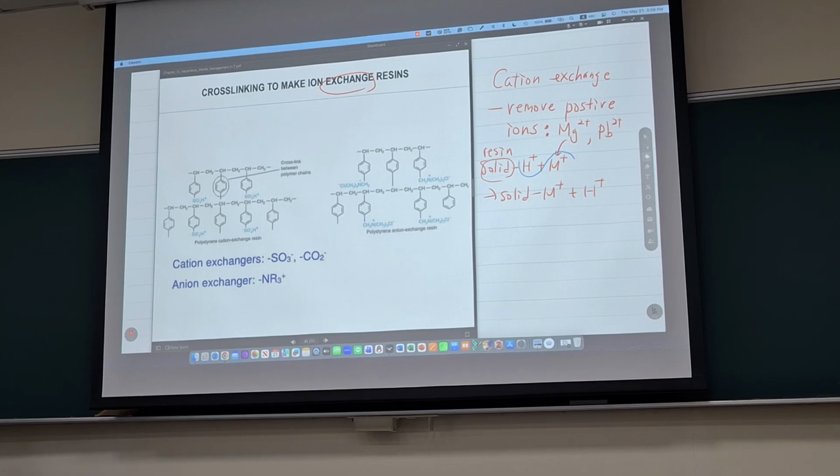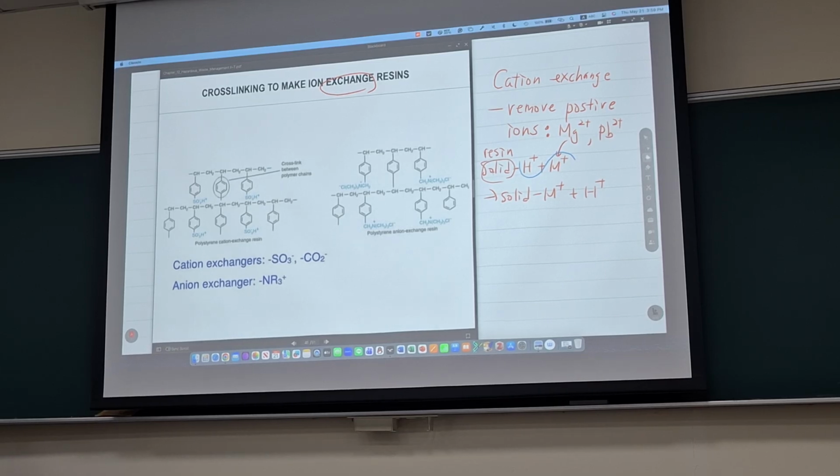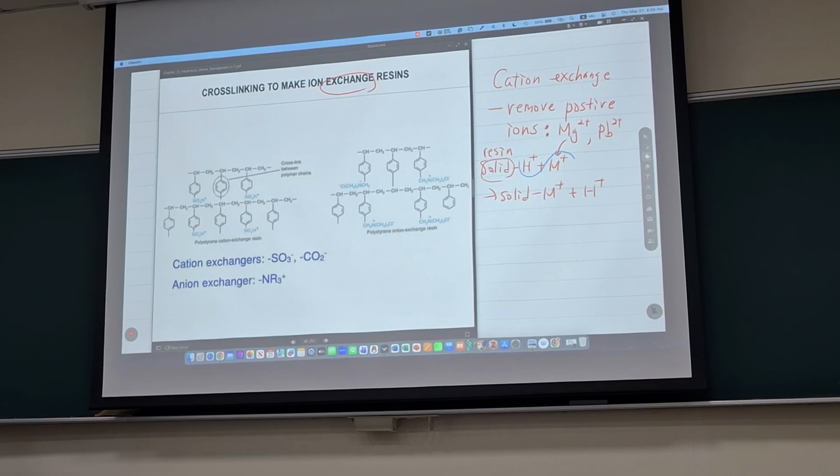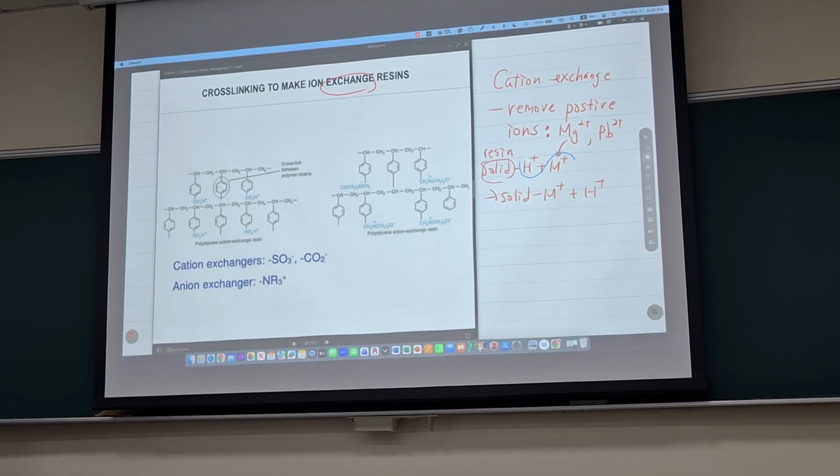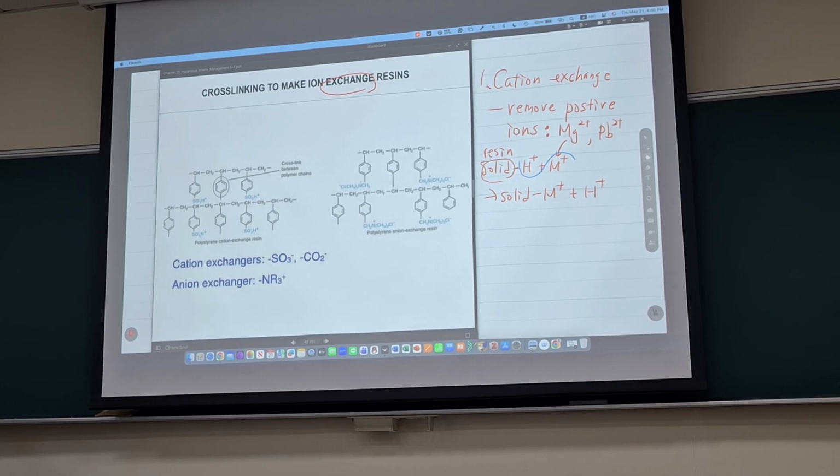So the metal ion N plus will stick to the resins, and hydrogen ions, protons, will be released into the water. So this is number one, cation exchange.